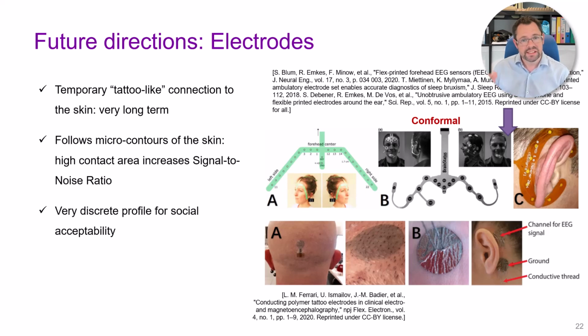And as a result, we've seen lots of interest in recent years around behind-the-ear EEG, in-ear EEG, or forehead EEG. You can imagine that behind the ear is really great for, say, integrating with a hearing aid, and you can have potentially long-term, socially discreet monitoring of the brain.